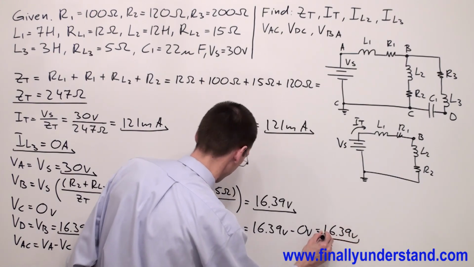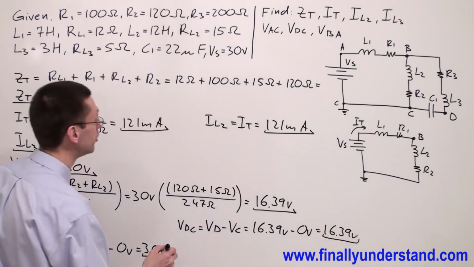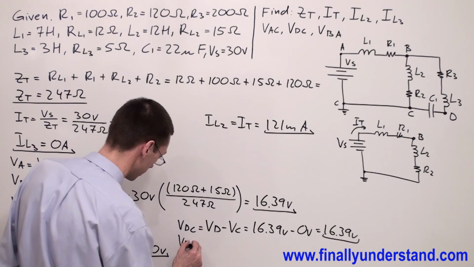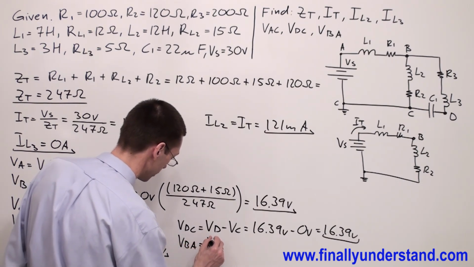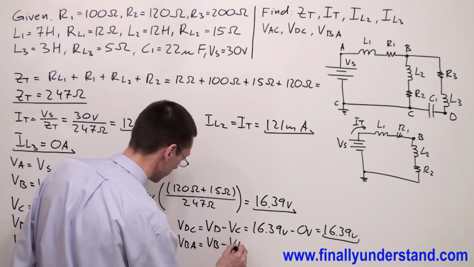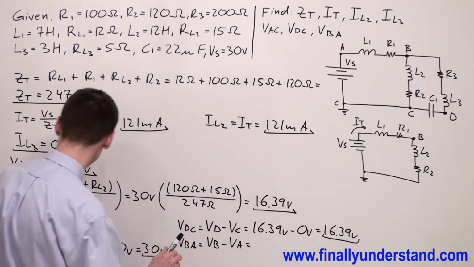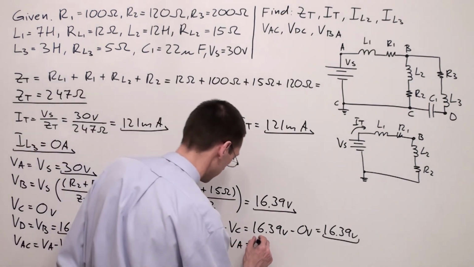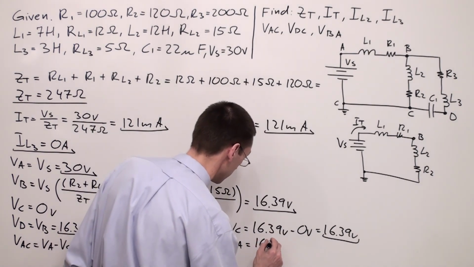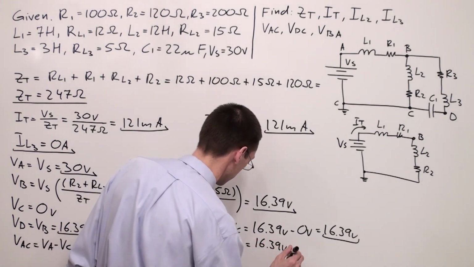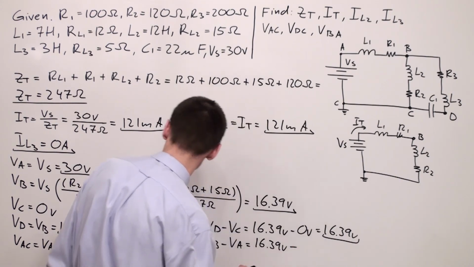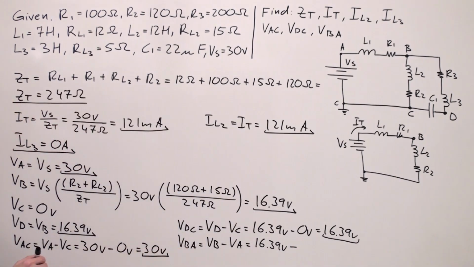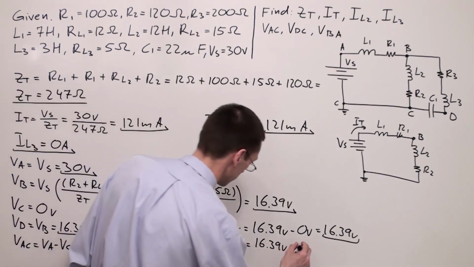And if you want to find VBA, this is voltage VB minus VA, where VB we found is equal to 16.39 volts, minus VA, which is equal to 30 volts.